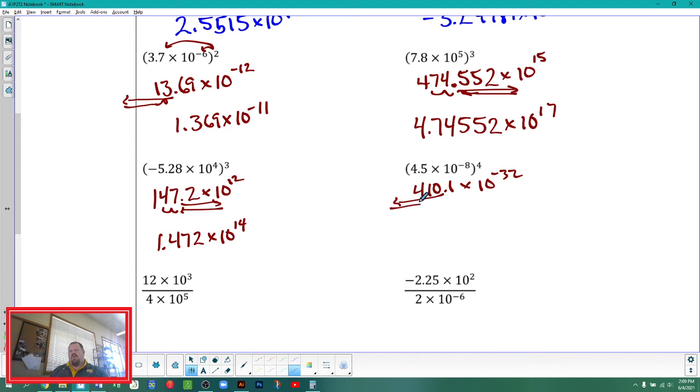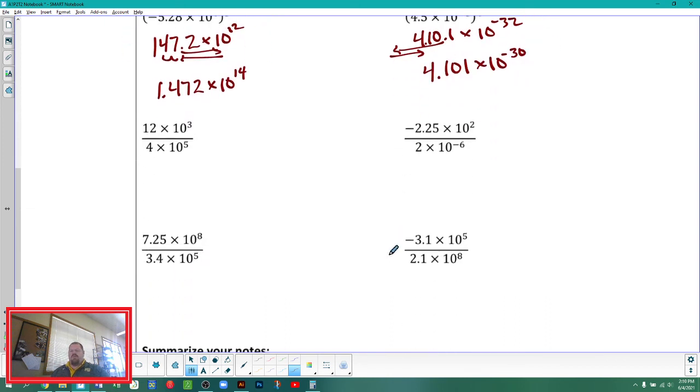It's going to move back almost 32 times. If it moved 32 times, it would have gone too far. So it's going to move back, call it 29, 30 times. Okay. 30 moves would take it between the 4 and the 1. So 4.101 times 10 to the negative 30.